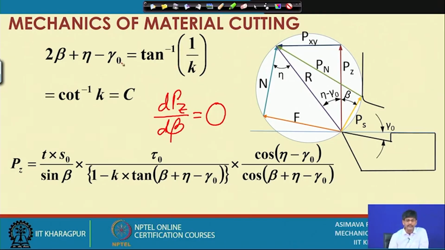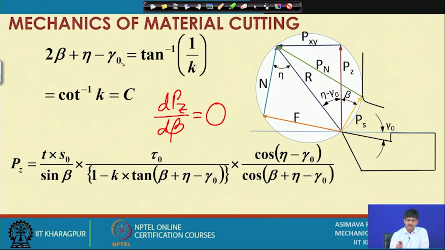No. In fact, 10 to 11 different types of theories are there, about what can be the relation between these basic angles, and we are discussing just one of them. This is called Merchant's second solution following the minimum energy principle. Okay.